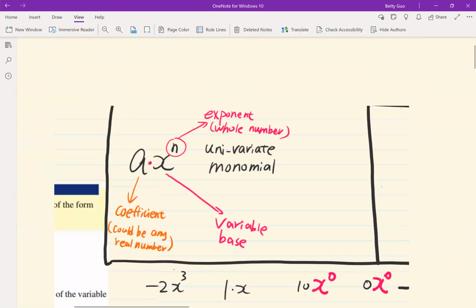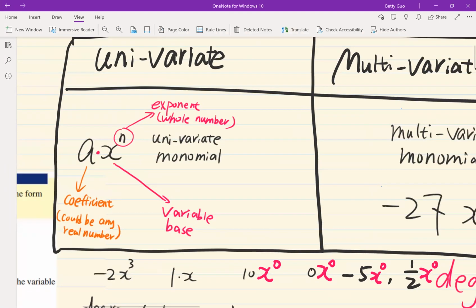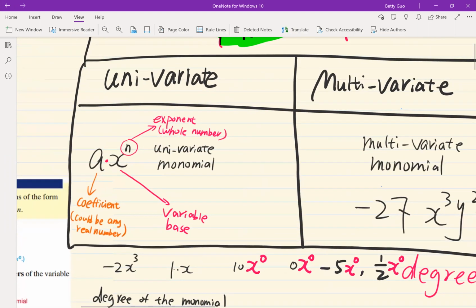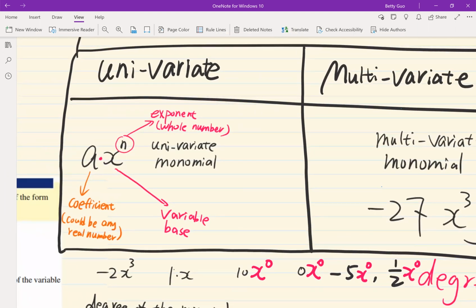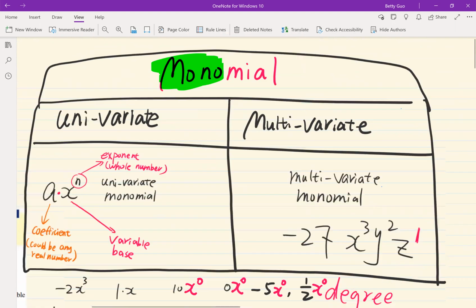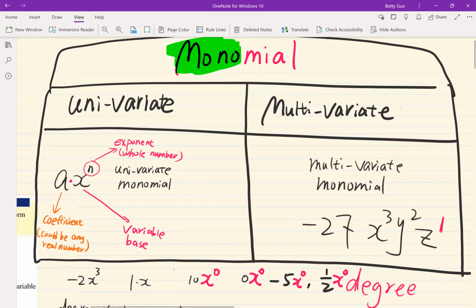Please take notes, or you can copy this table here. I'm going to explain what a polynomial is. Polynomial, P-O-L-Y. Poly means many. And we start from understanding monomial.